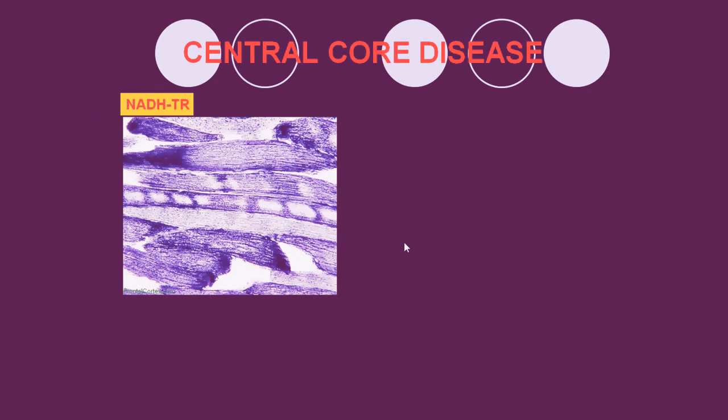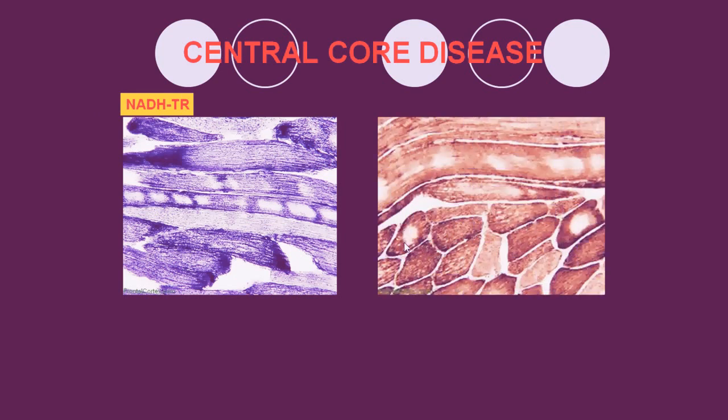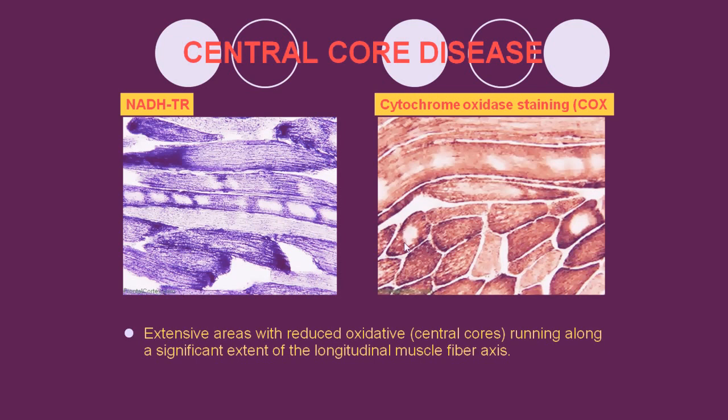This is NADH-TR, longitudinal section. This is cytochrome oxidase staining, COX, showing extensive areas with reduced oxidative activity, central cores running along a significant extent of the longitudinal muscle fiber axis. This is a longitudinal section with fibers showing multiple zones devoid of oxidative activity.